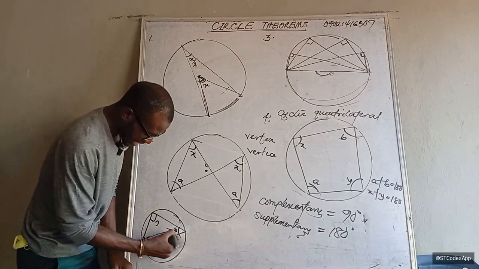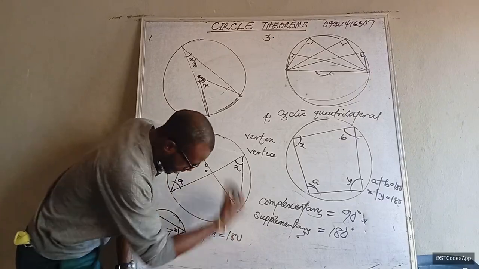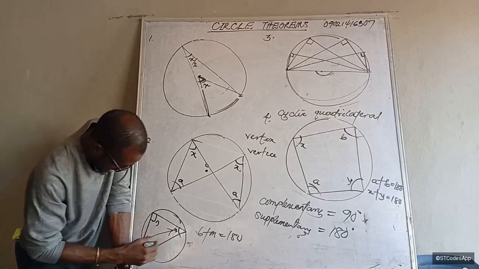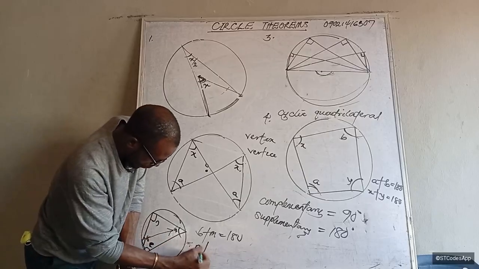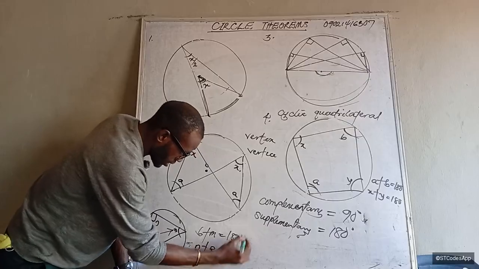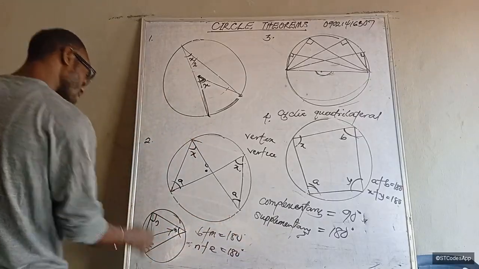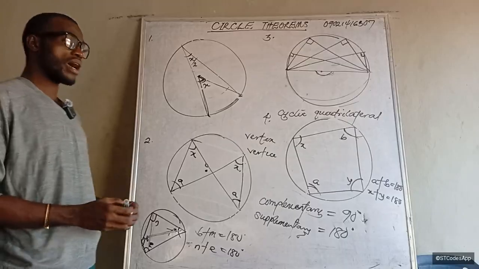Actually, this and this are opposite interior angles. B plus M will be 180 degrees. Is it clear? As well as N and let's call this E. N plus E will be what? 180 degrees. Is it clear? These are opposite, while these are opposite interior angles.